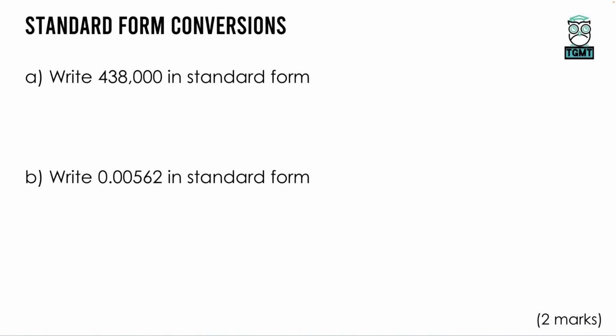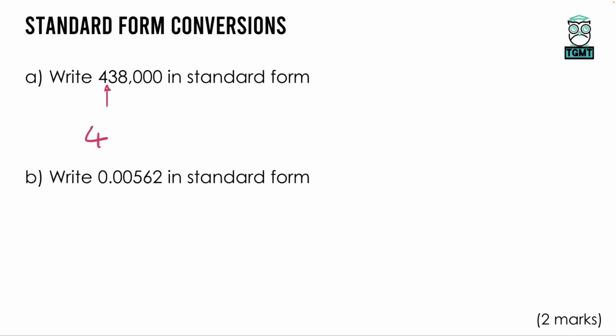Looking at some standard form conversions. With standard form, we need to put the number between 1 and 10, and then essentially just say how many times we have to multiply by a power of 10 to actually turn it back into this number. So to put the decimal, we want to have it in between the 4 and the 3. That would make it 4.38, which fits in with our rules.